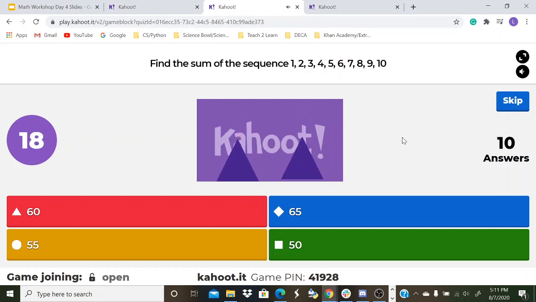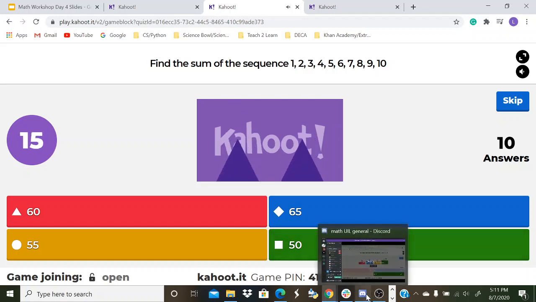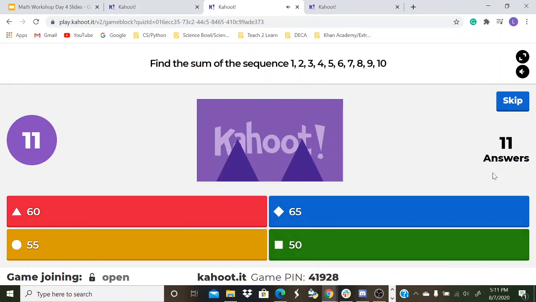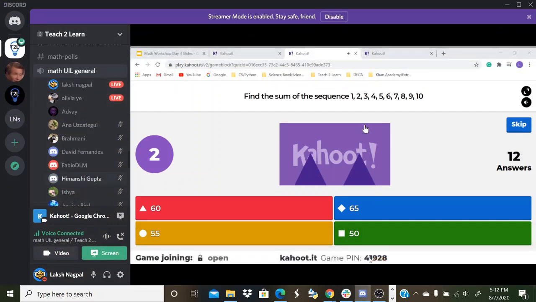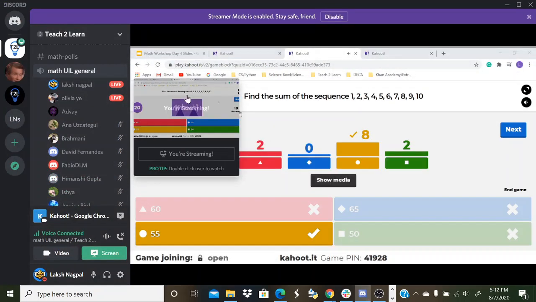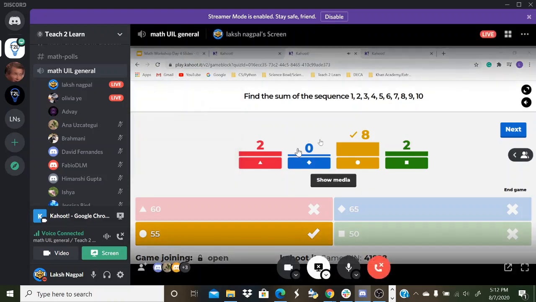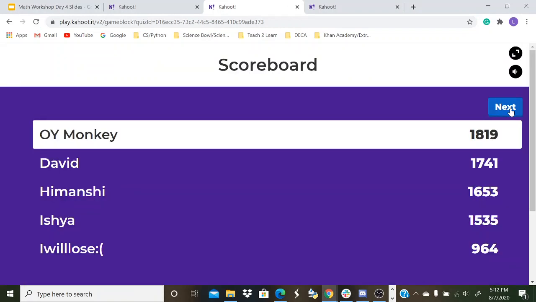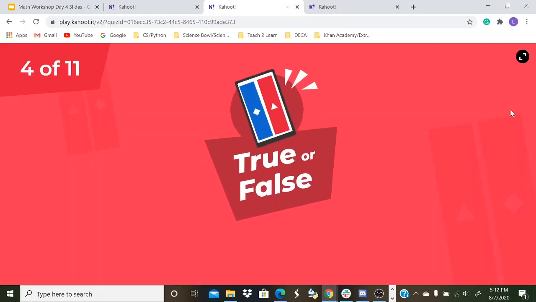Laksh, your screen is frozen, so technically mine shows. Oh, it's fine now. I think whenever you hover over the Discord thing, for some reason, it just refreshes. Wait, try it again. This sequence is like the most commonly seen. You'll usually see consecutive numbers from 1 and on. The most common. Oh, why is monkey in the lead?